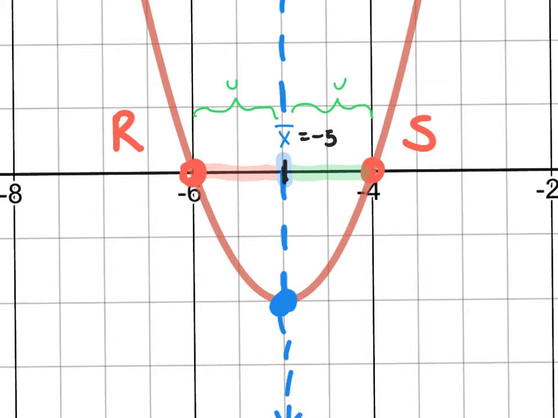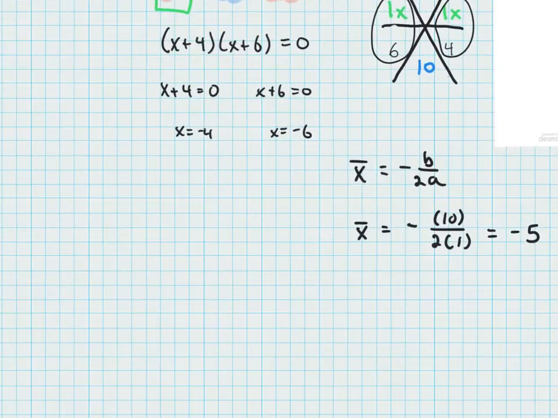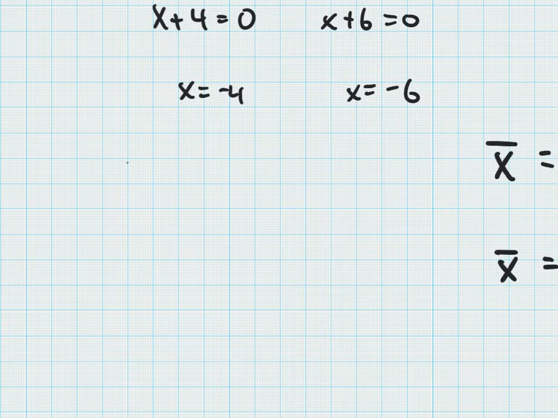So when we subtract u from x bar, we get to here. When we add u to x bar, we get to here. So let's see how that works out. r is equal to x bar minus u, and s is equal to x bar plus u.